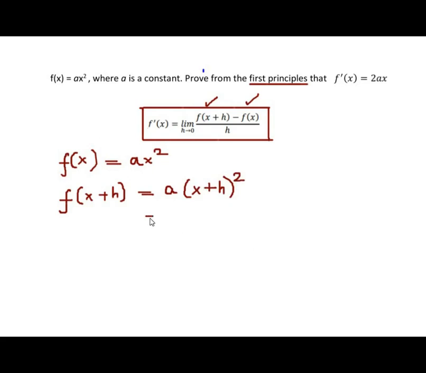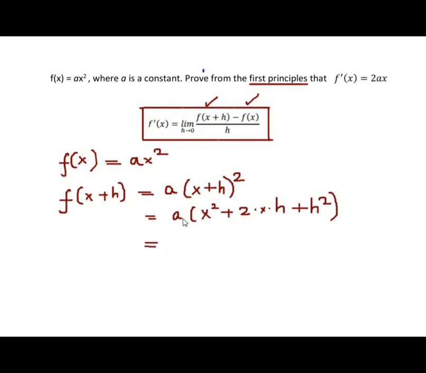Now let me just expand it over here. This could be written as a, and we can expand this as x square plus 2 times x times h plus h square. Using the algebraic identities, we can expand this.